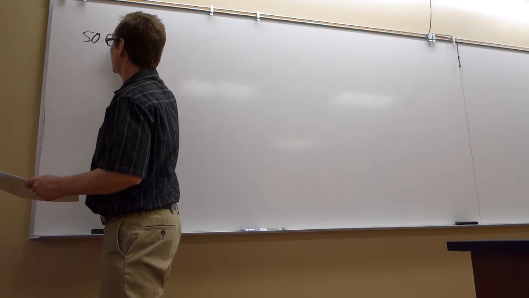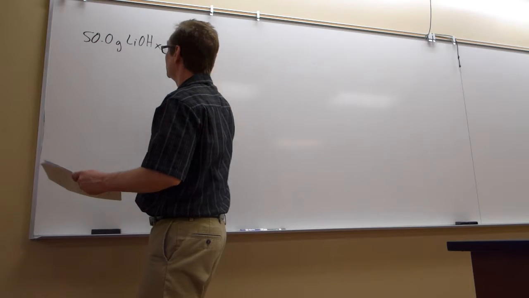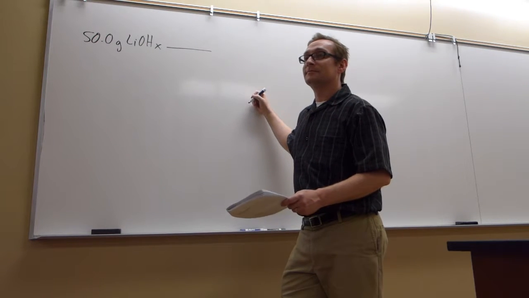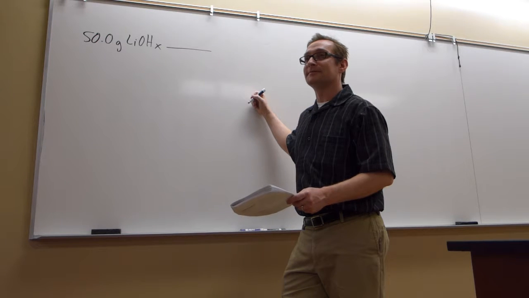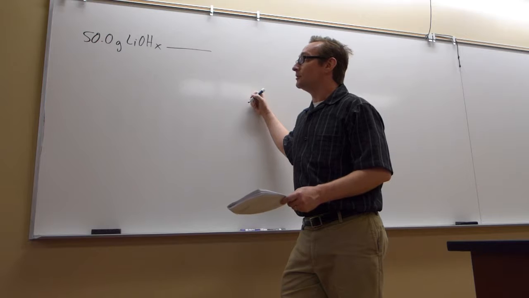All right, we got 50 grams of LiOH. Hopefully this looks familiar to you, these kinds of problems. You want to convert it to moles of lithium hydroxide. Right, convert it to moles.